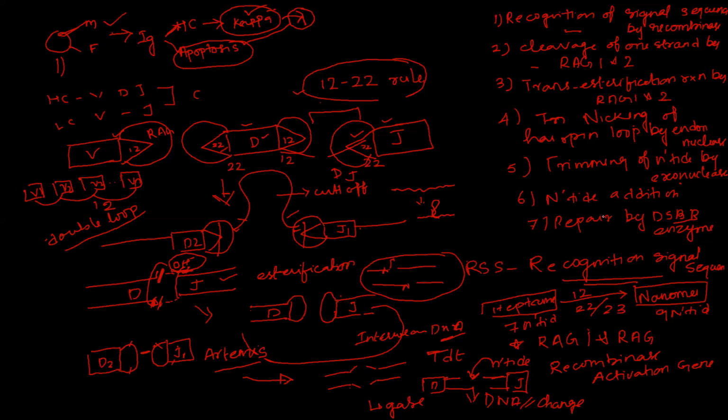If there is still any mismatching occurring, repair enzymes are going to come and repair that particular nucleotide. Now the ligase joins, and this is the whole process by which the VDJ region can combine, and this is one of the factors which causes the diversity in the antibody. Okay, thank you.